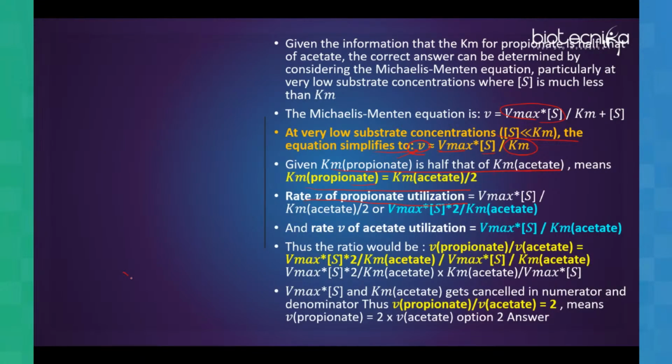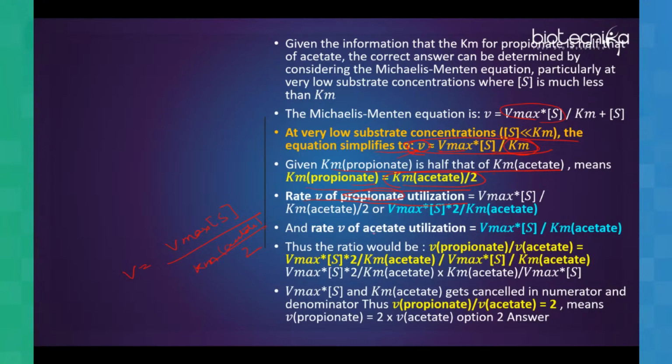So the rate v is equal to Vmax into S, what we had calculated, divided by, for propionate, Km. That is the formula we got over here, isn't it? So instead of Km of propionate, you can write Km of acetate divided by 2.